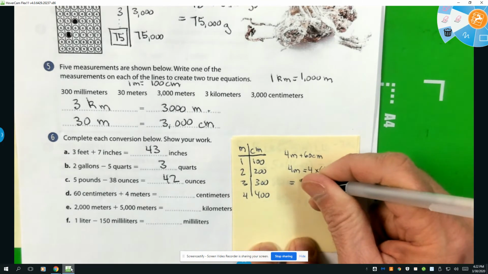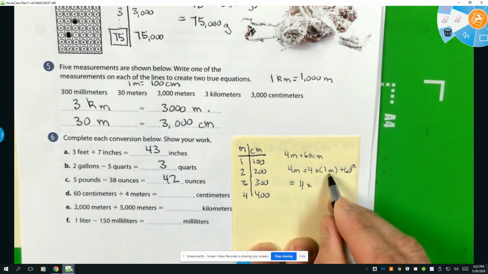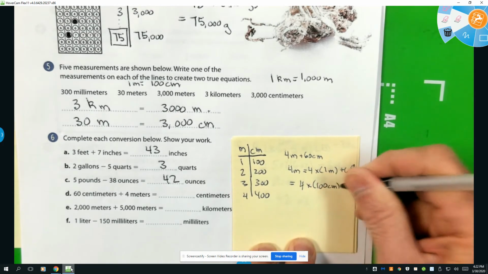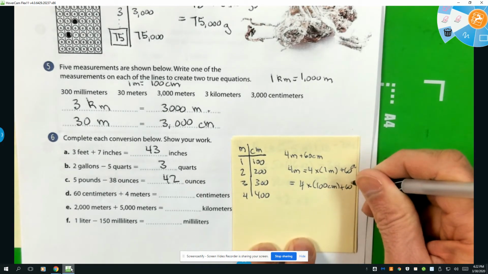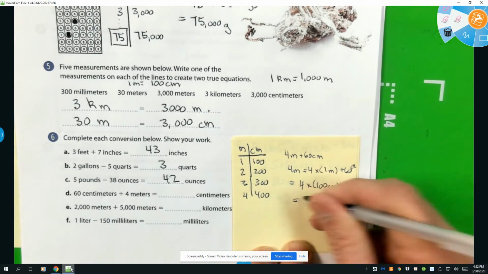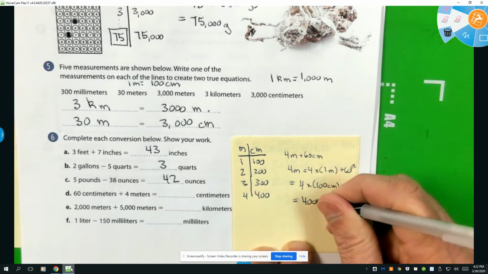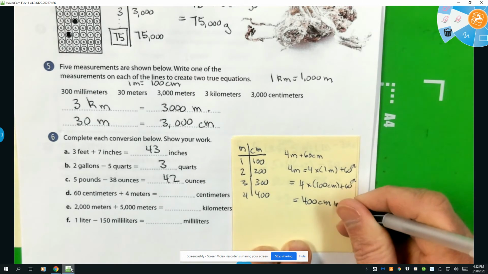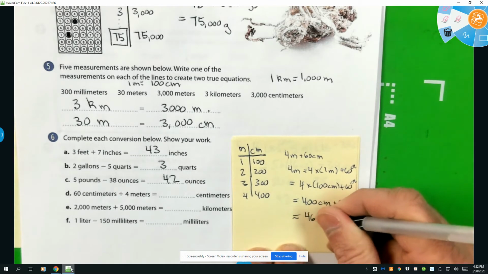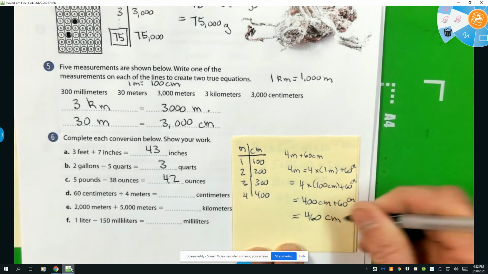That's the same as saying 4 times, what's our conversion for 1 meter? 100 centimeters plus 60 centimeters. So I know 4 times 100 is 400 centimeters plus 60 centimeters, which equals 460 centimeters.